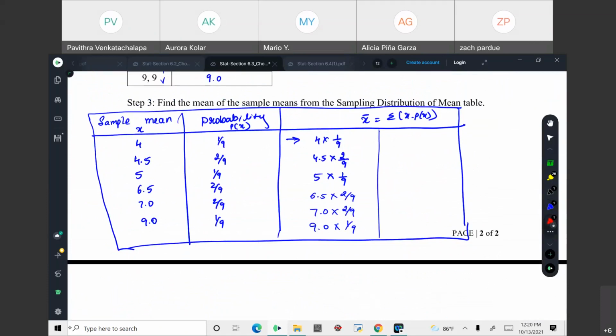Now, after you calculate each and every number, I want you to add it and then tell me the total answer. Summation of x dot p of x.